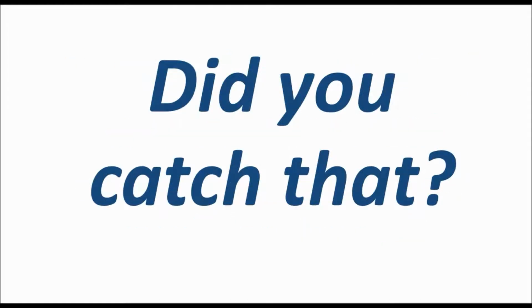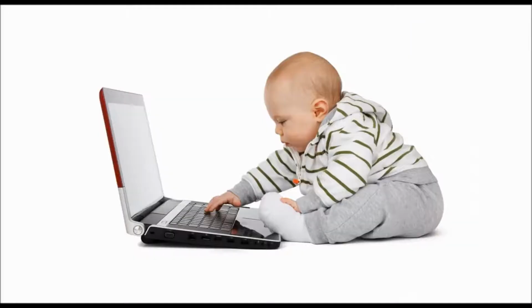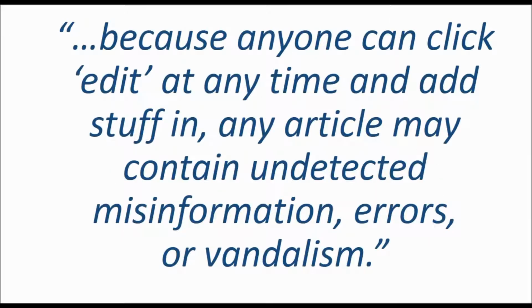But did you catch the problem there? Wikipedia itself doesn't care who's entering the information. Anyone with a computer, anyone can alter information on Wikipedia. In fact, Wikipedia comes with a warning that you've probably never read before.